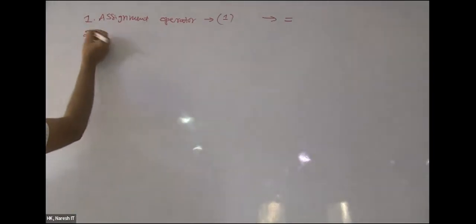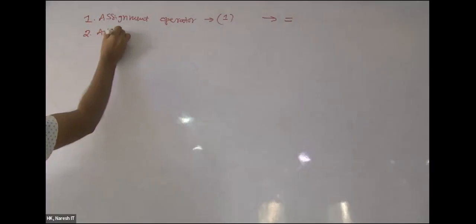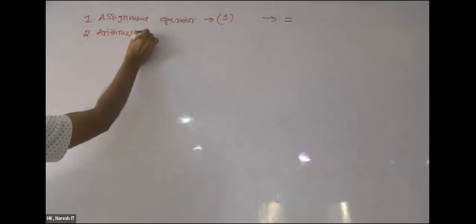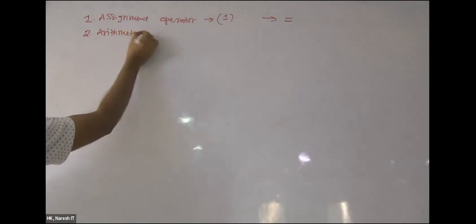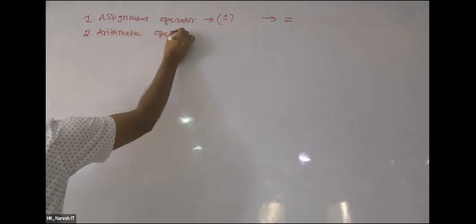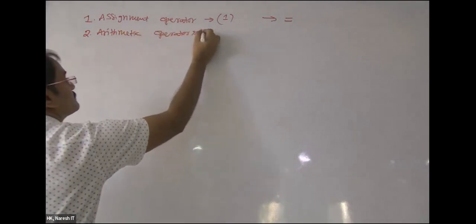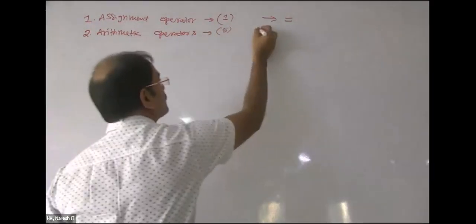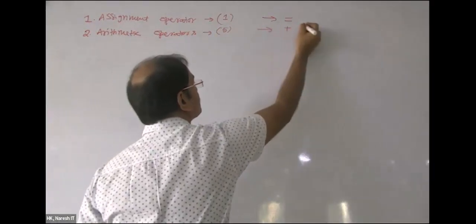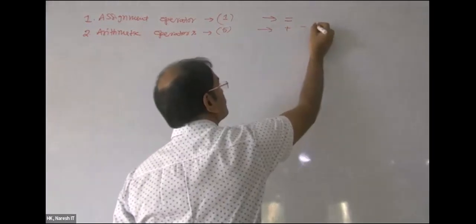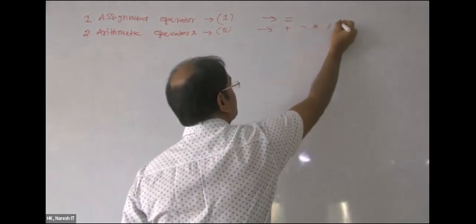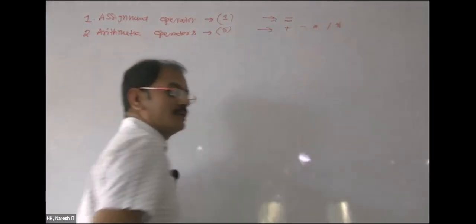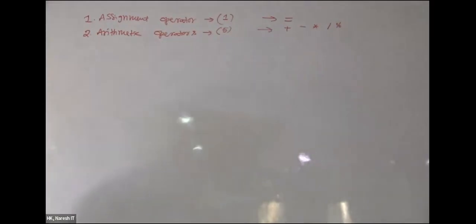Second, arithmetic operators. How many are there? 5. What are the 5? Plus, minus, multiplication, division, remainder, modulo. So these are arithmetic operators.